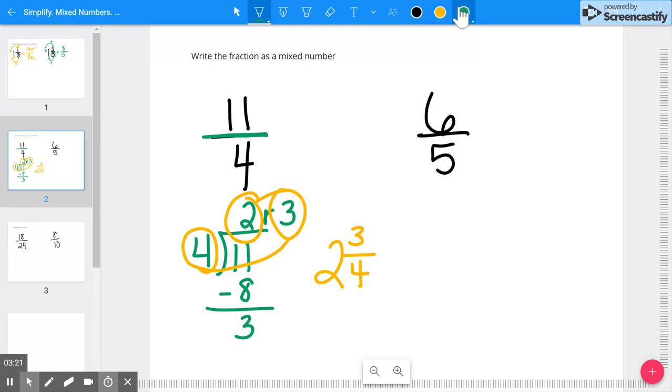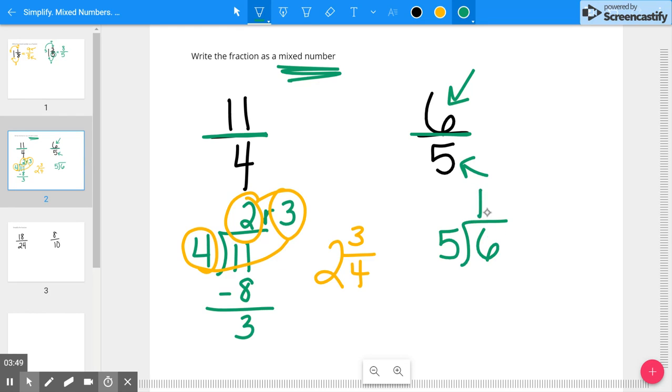Let's look at another one. I have 6/5. Remember, this is an improper fraction. My numerator is larger than my denominator, and in 5th grade, we cannot leave our answers this way. So we need to turn it into a mixed number. In order to do that, I need to say 6 divided by 5, because that's what that fraction line means. So 6 becomes my dividend, 5 becomes my divisor. 5 goes into 6 one time. 1 times 5 is 5.